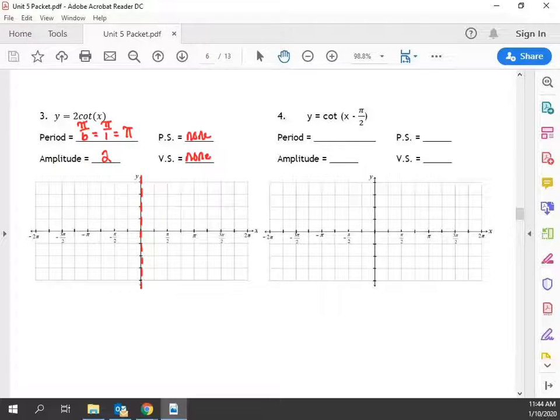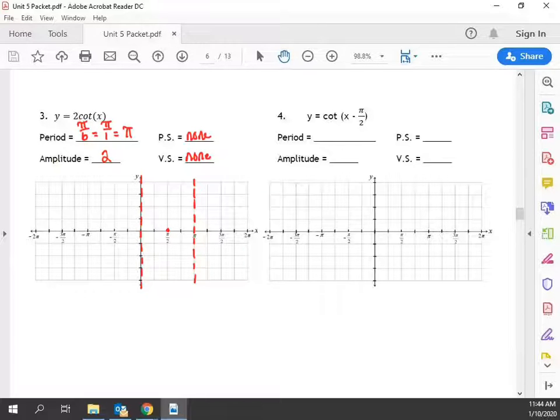And then how far do we go over, guys, to put our next asymptote? In the middle is going to be our center. Your middle dot's in the middle. And then we go ahead and say, all right, now, cotangent, is it increasing or decreasing?